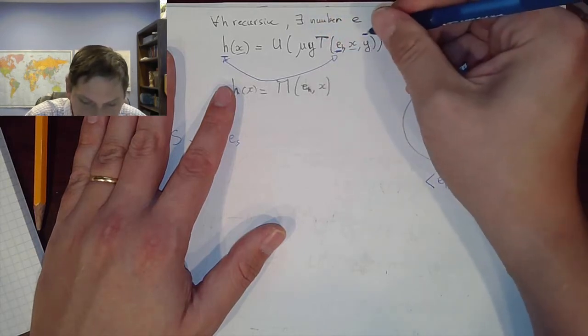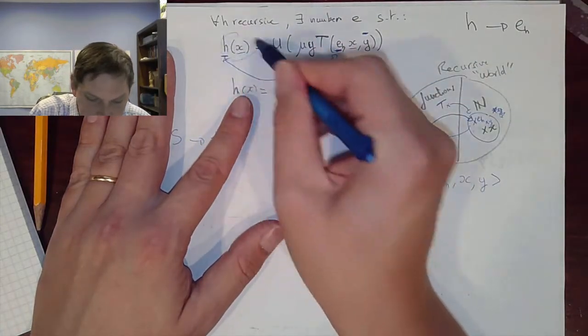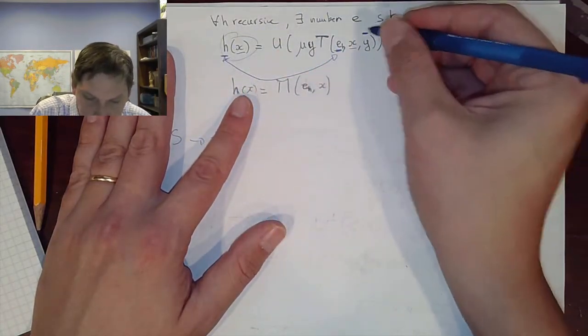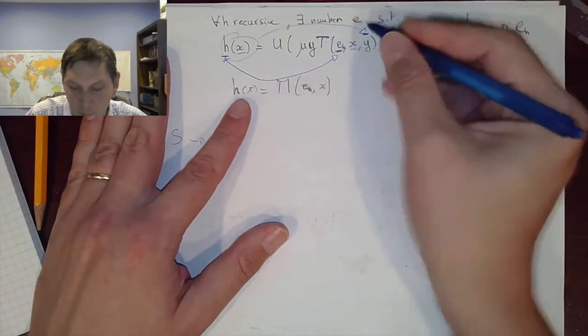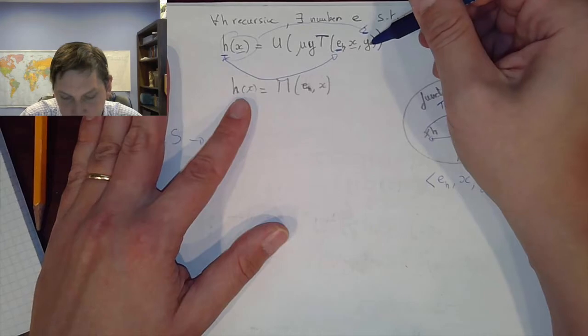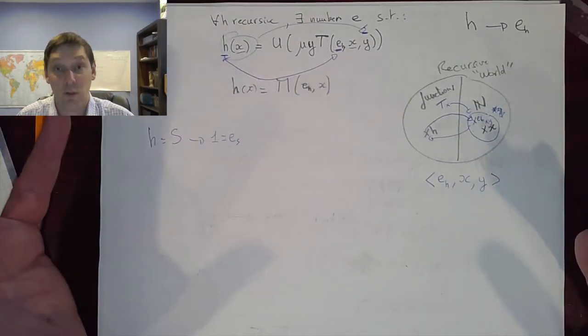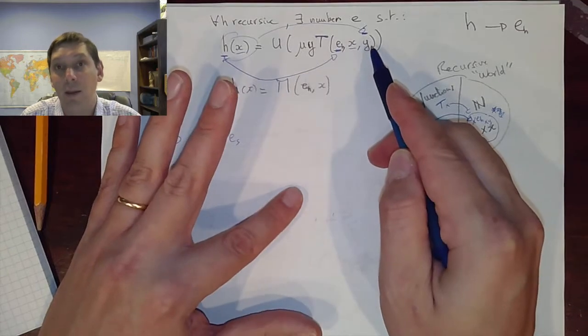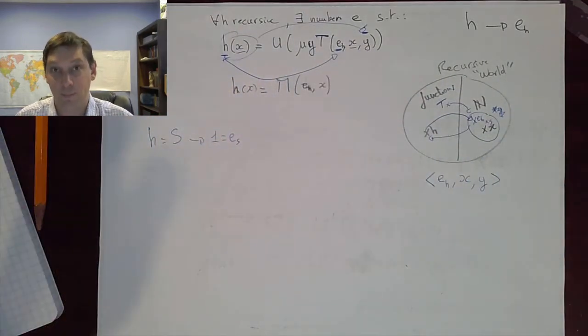I mean, it is really the interpretation of all of this in the realm of numbers, right? So all of these are in the realm of numbers, right? h of x is a number. The answer is going to be a number, but y is going to be the encoded computational tree.